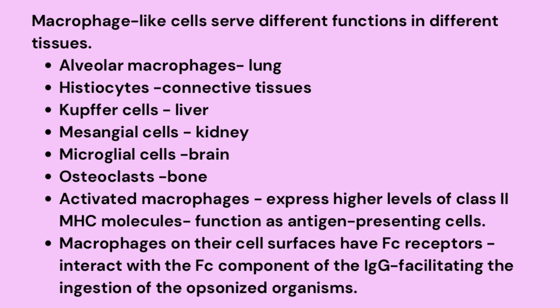The macrophages have Fc receptors on their cell surfaces, and these Fc receptors interact with the Fc component of antibody IgG, which facilitates the ingestion of opsonized organisms. What is meant by opsonized organisms? Opsonization means that antibodies or molecules such as opsonins attach to the surface of a foreign particle or antigen, so that it can be easily recognized by phagocytic cells such as macrophages.